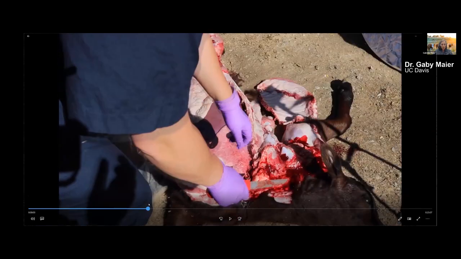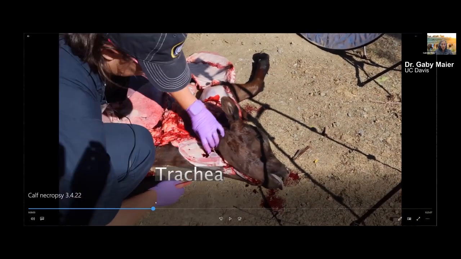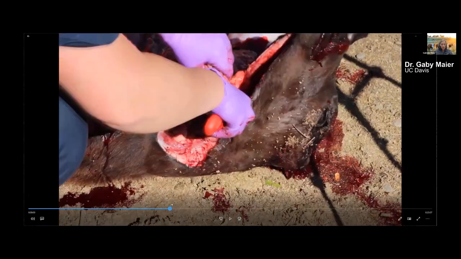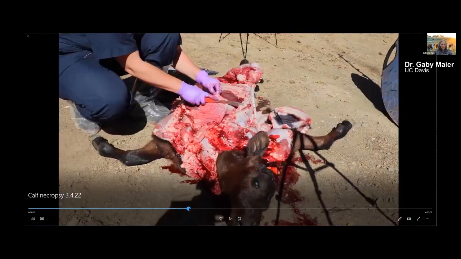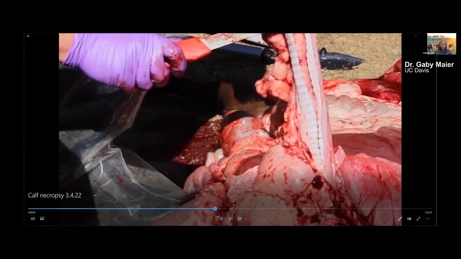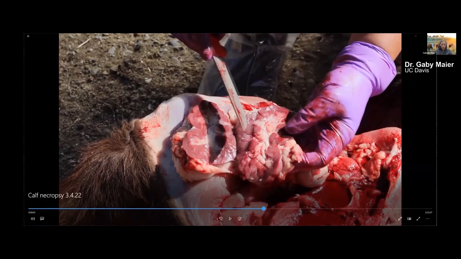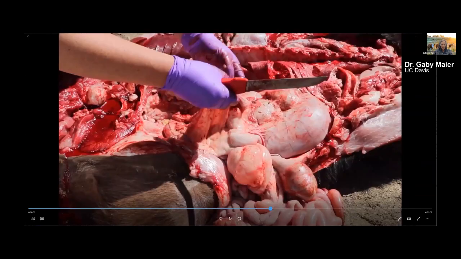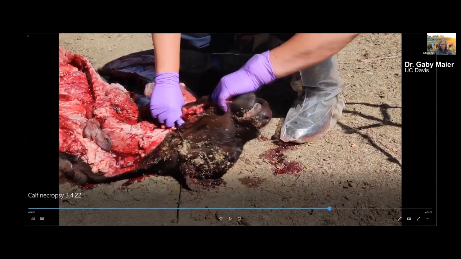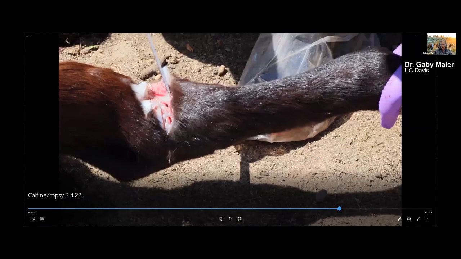Show you how to remove what's called the plaque. So that's everything from the tongue down to the respiratory tract and the heart. And I'm just going to skip through this. Shows how to take samples and how to open up the kidneys, how to open up the intestinal tract. We're even taking off the head in case you have to submit the head.